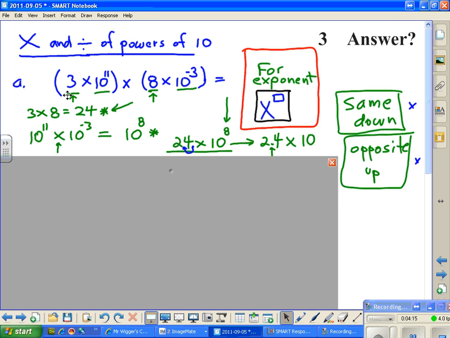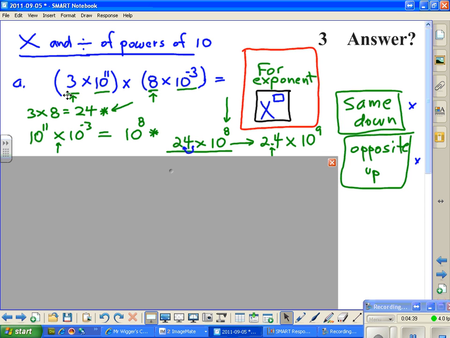Well, the exponent wants to move the decimal to the right, and so we are moving opposite directions. That will up the value of that exponent by one number, and that will be 9. And so we have 2.4 times 10 to the 9.